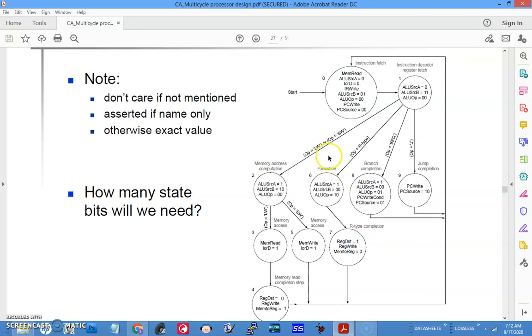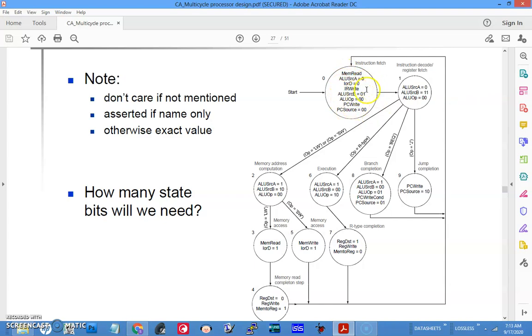Here you are in state 0. A clock cycle came, and when you were in state 0, these were the values of your control lines. You must understand why these values are given. To understand this, you can refer to another slide set which I have given, and go through what decides the value of control lines in each state.